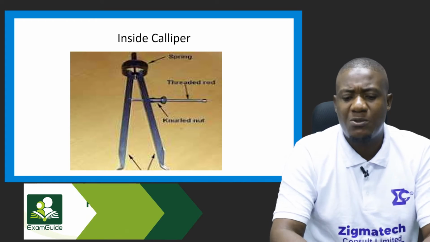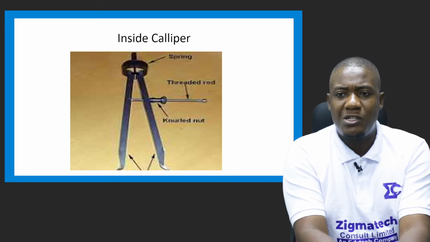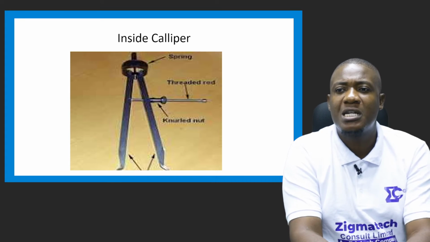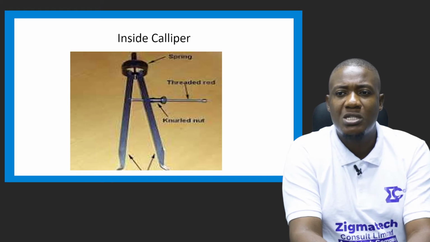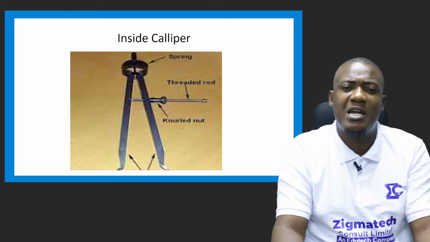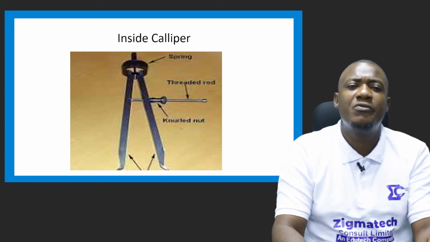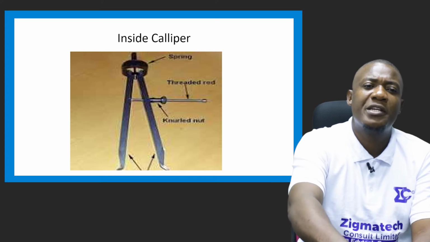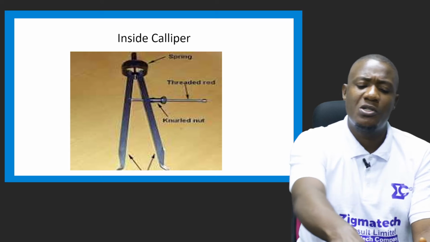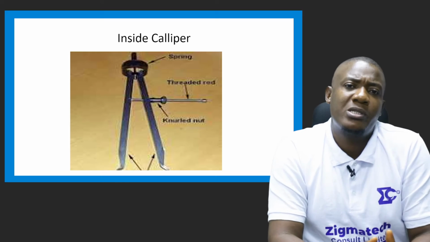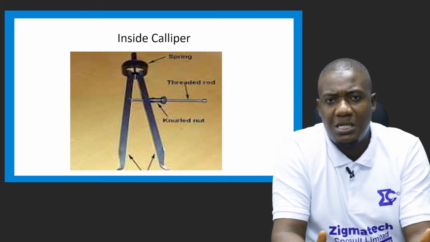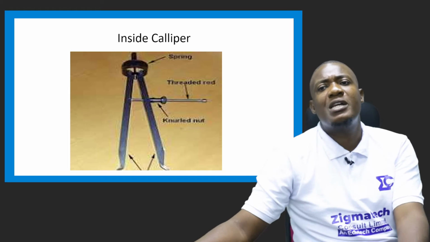When you adjust the leg with the spring or the nut and it fixes firmly on the internal diameter, all you need to do is remove the legs and put them on a measuring instrument, let's say a rule. When you put it on a rule, you can tell exactly what the internal diameter of that woodwork piece is.